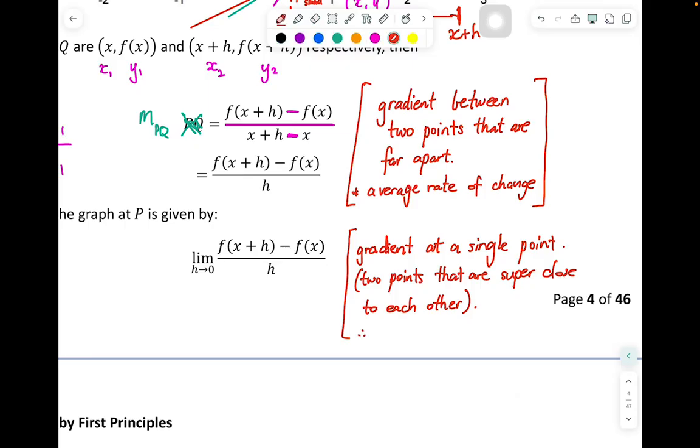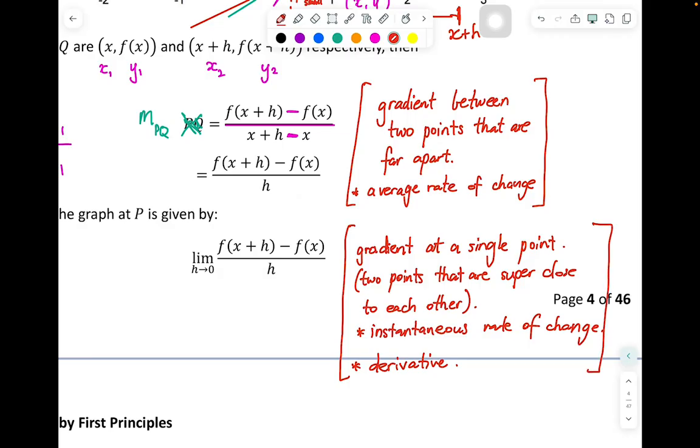We call this the instantaneous, at a single instant, rate of change, which is synonymous with the topic that we are currently learning, which is the derivative. Differentiation, derivative, same.